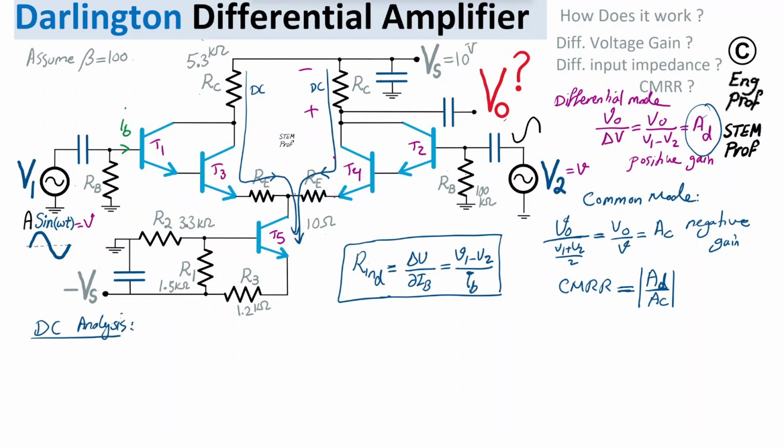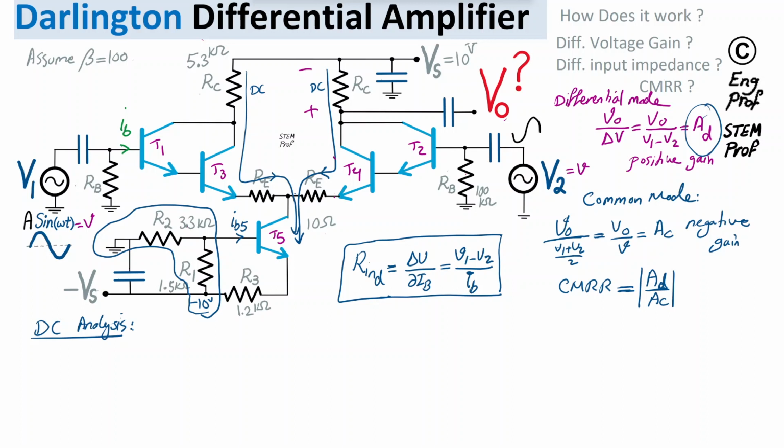To do that, let's focus on the current source portion. Quickly again, we have negative 10 volts, so the negative Vs is here, negative 10 volt. It looks as if we have effectively a series of R1 and R2, so it's a voltage division of negative 10 across R1, R2. Of course, I'm making the simplification that the base current of transistor 5 is negligible. We need to double check that, but for now, let's assume that is the case.